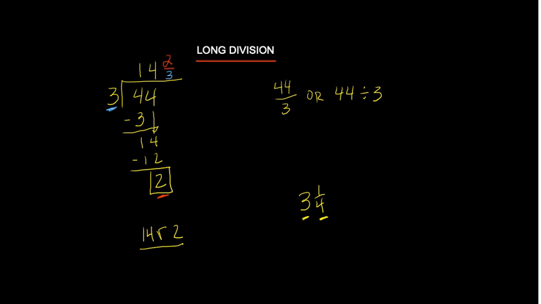So the answer to this one, I don't want to confuse you, but the answer is 14 2/3. So you could multiply 14 times 3, you'd only get to 42. We're looking to get to 44. So we've got to add the 2 to the 42 to get to 44.